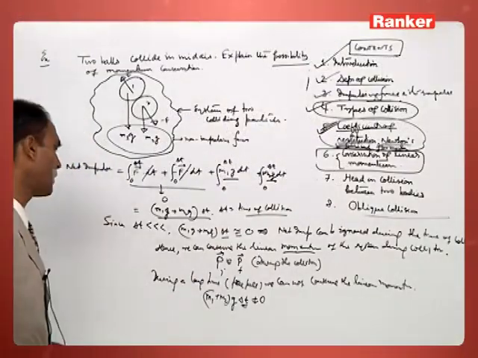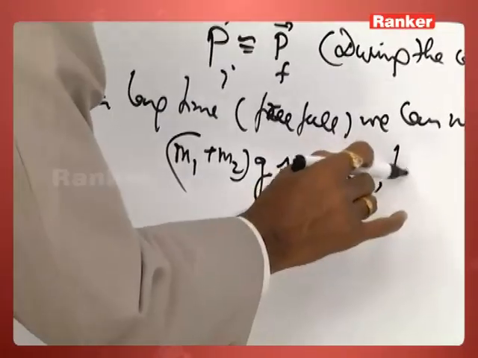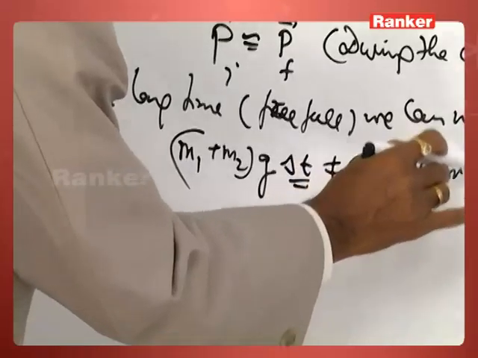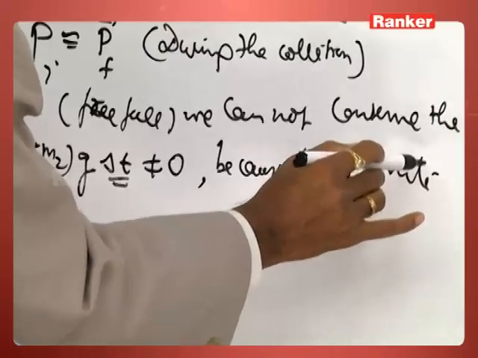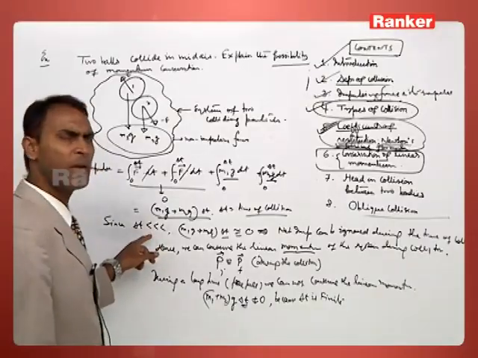It cannot be ignored because del t is finite. Here, during the collision, del t is infinitesimally small.